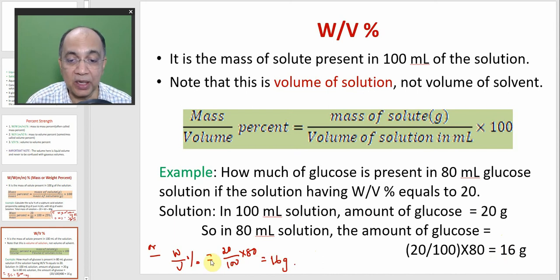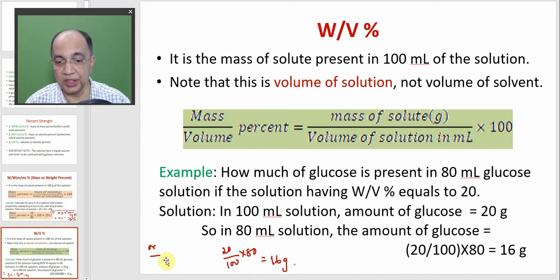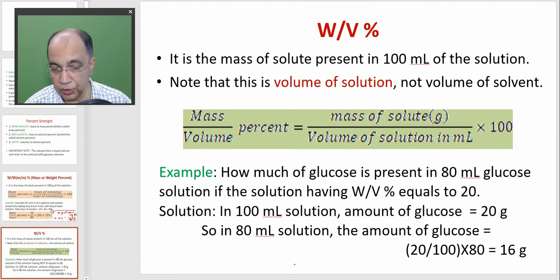Or else you can find out W by V percent is equal to mass of the solute, that is 20, by mass of the solution 100 into 80. That means here we are finding out the mass of the solute. Now here I would like to make a correction in presence of you, so it will be better for you to understand.